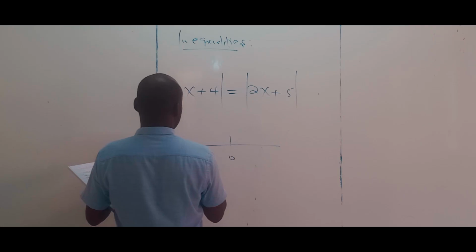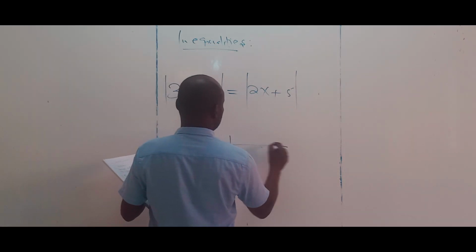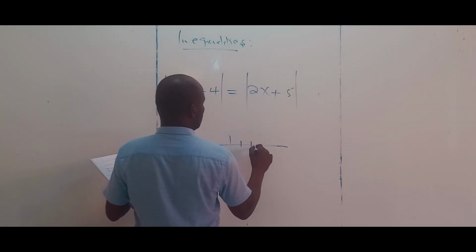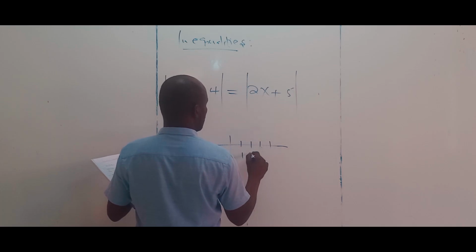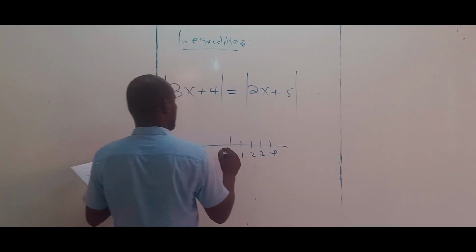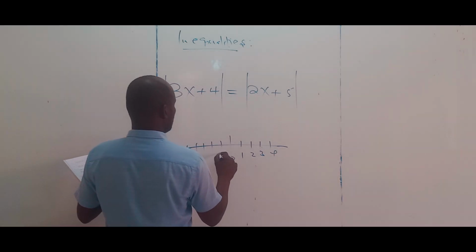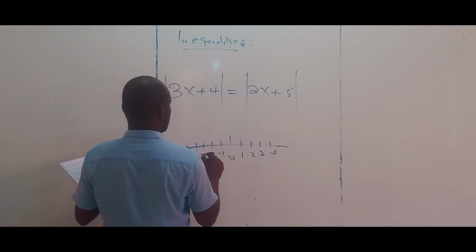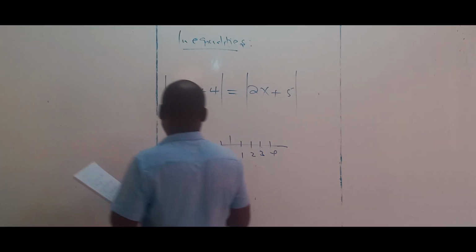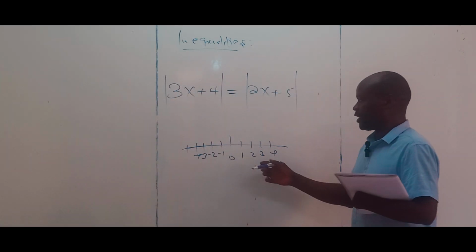You could move one step, so we have 1, 2, 3, 4, or you could move -1, -2, -3, -4.